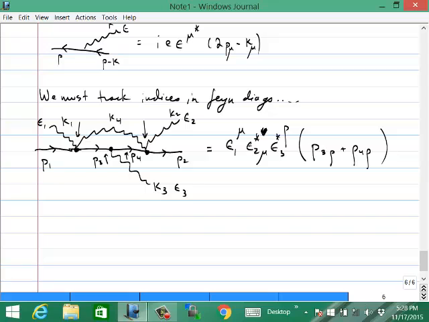And in particular, one implication of this sort of reasoning is that the indices in internal lines will get summed over.